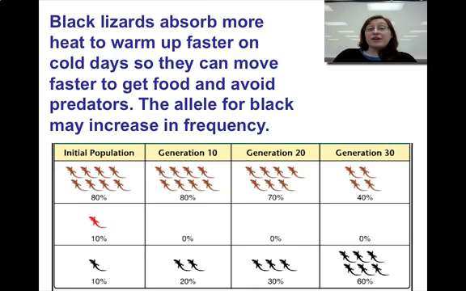So their survival is going to increase. If we see an increase in their survival, we're going to see an increase in their alleles. Just like when we see a decrease in the survival of the red lizards, we'll see a decrease in their alleles. So we can look at how, over generational time, this is going to cause populations to evolve.